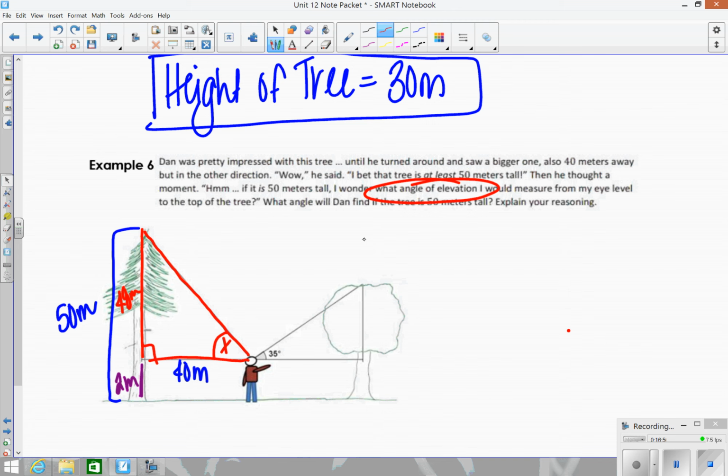What angle will Dan find if the tree is 50 meters tall? So assuming this is 50, what angle does he find? Remember, this is a 48 here. So let's look at this red triangle using SOHCAHTOA.